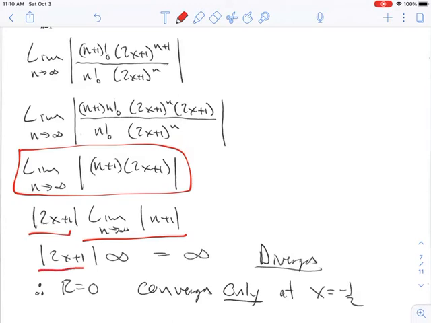So the absolute value of 2x plus 1 times infinity is infinity, which is not less than 1. It's greater than 1, so that means it diverges by the ratio test. So once again, it diverges for all values of x except the center at x equals negative 1/2. Therefore, the radius of convergence is 0. The interval of convergence does not exist. It is 0 and converges at x equals negative 1/2.